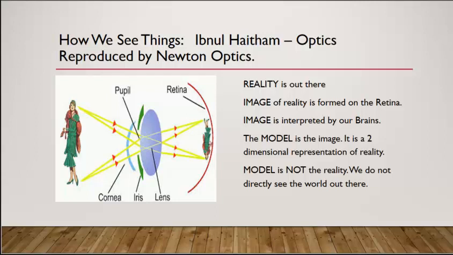So the model's characteristics are very different from the characteristics of reality. But the model by itself is not enough. And what happens next is that we interpret this model to form a picture of the reality. So this is a complicated three-stage process by which we understand the world. Now, this process gets eclipsed. What we think is that what I'm seeing is the world out there. This is exactly confusing the model with reality, because actually what we are seeing is the image on the retina.